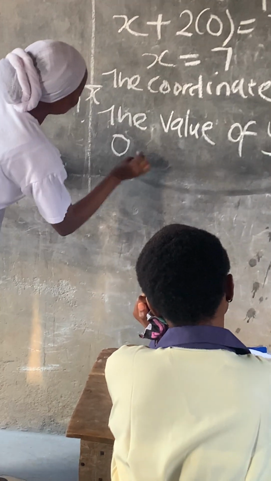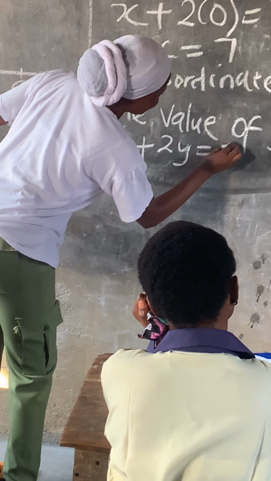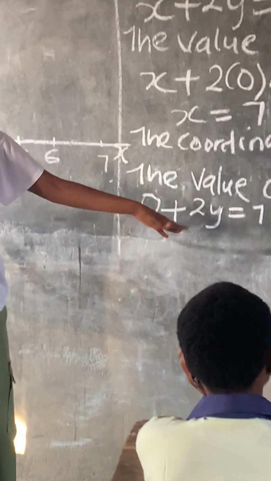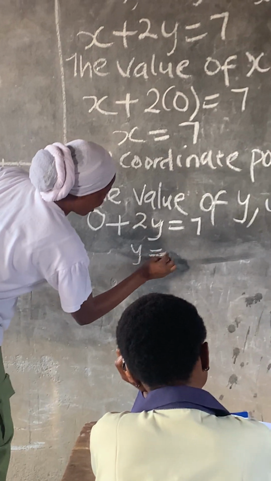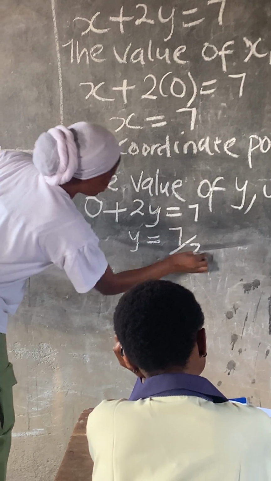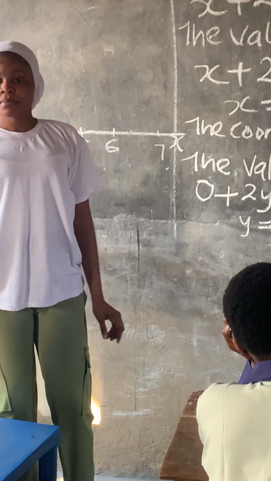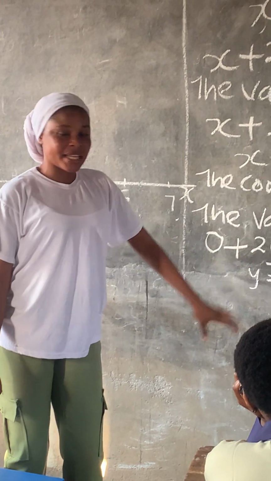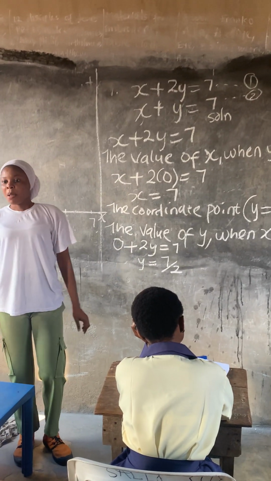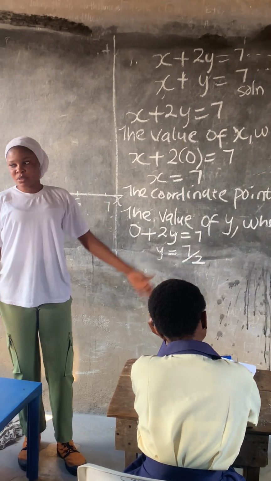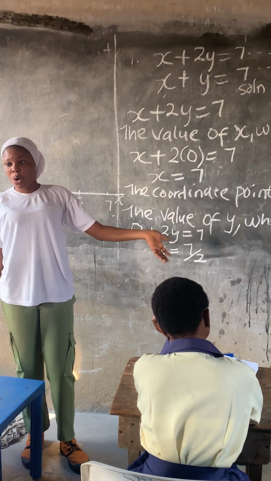So 0 plus 2y is equal to 7. If you are using this, that means your y is equal to 7 all over 2. But we don't need a fraction, we need a whole number, okay? If you are doing it this way, it will give you 7 over 2, but if you are plotting your graph with this, you are still correct. But for me, I want to use a whole number, okay?